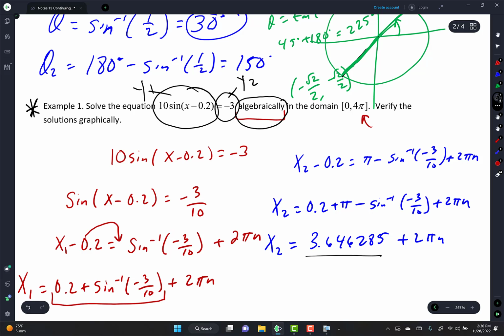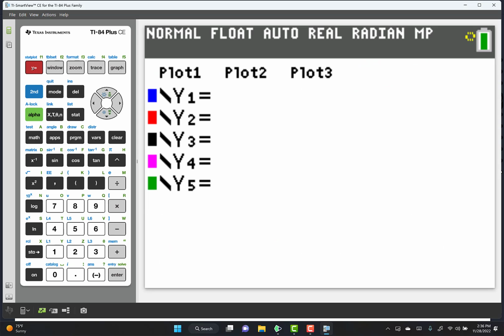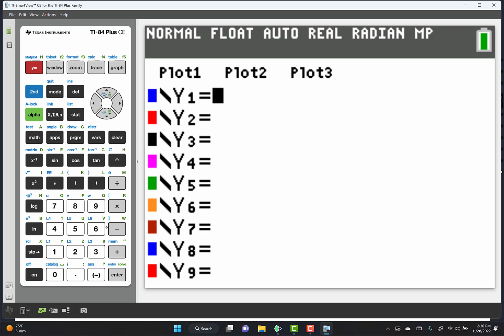So look, I'm going to take my calculator, I'm going to go to y equals, and on y1 I'm going to type in what I have on the left hand side. 10 sine x minus, I already forgot, what was it? 0.2. X minus 0.2, close. And on y2, we want it to be negative 3, right?